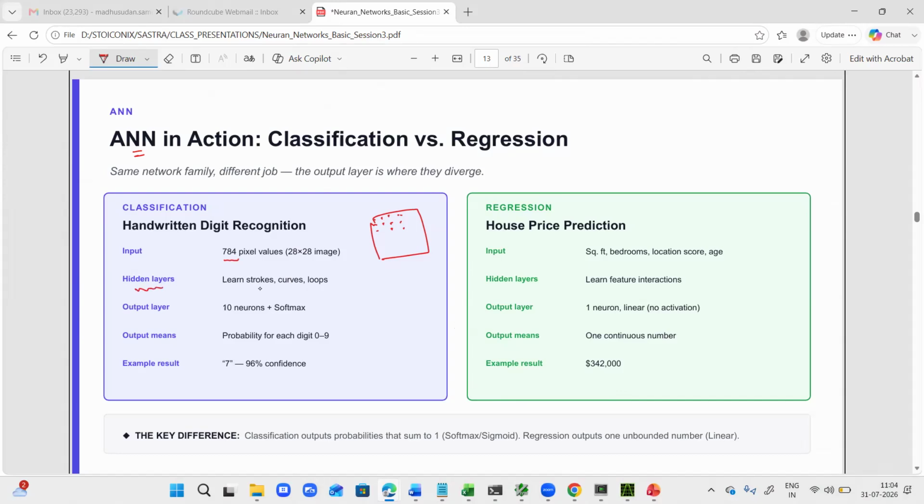You can have a layer that learns the strokes, then the curves and the loops, and then some more layers which will try to predict what that handwritten digit will be.